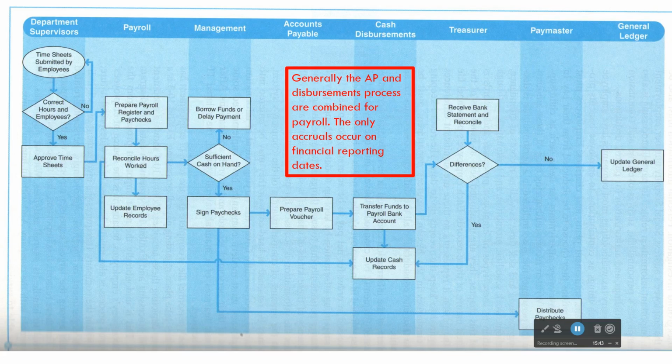But if you don't have the paymaster function and you don't have a mailing of paychecks, and you just have direct deposit, you definitely need to go ahead and transfer the funds to the payroll bank account before you actually have those paychecks distributed through direct deposit. I'm just going to point that out to you.